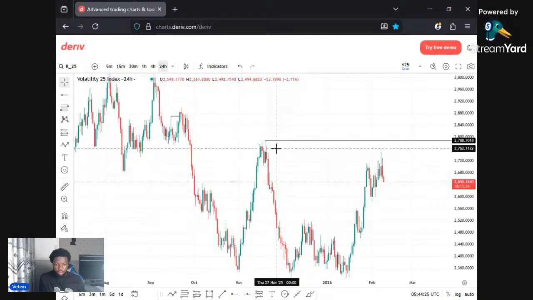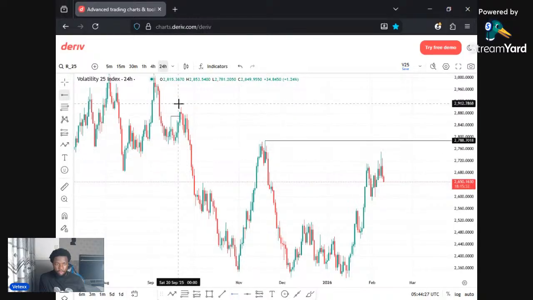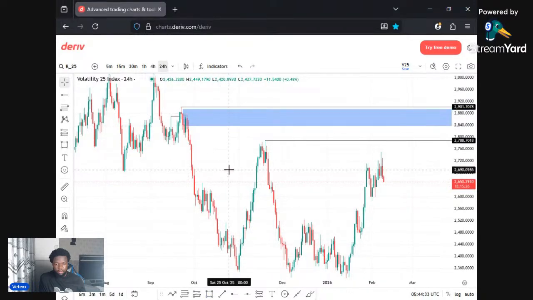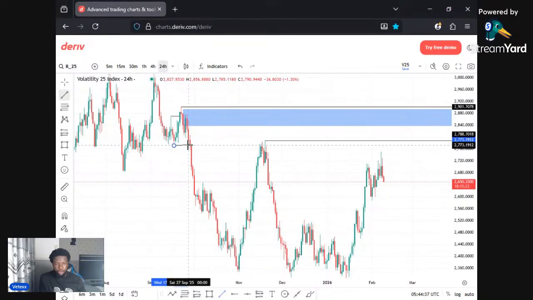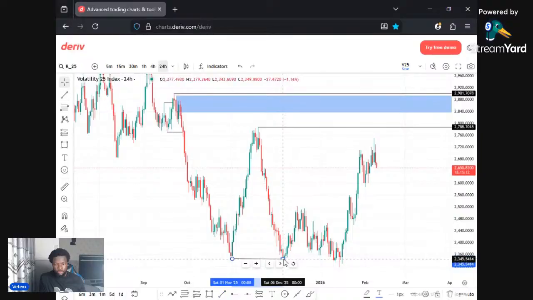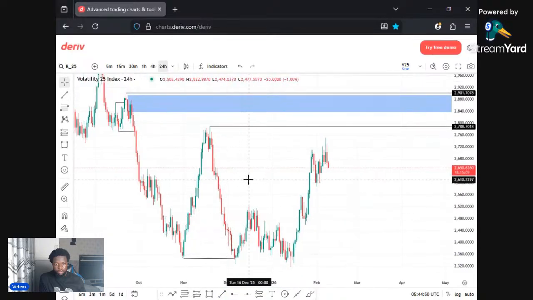We have a protected high, which is here. So these are the points of interest. This is the first break of structure, and this is the second break of structure.